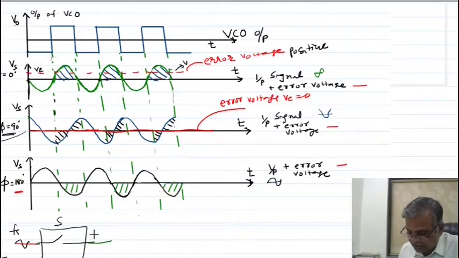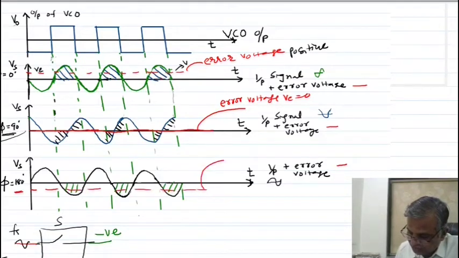So here you will get a negative average value. So the average value of this is negative, so this error voltage VE is negative.